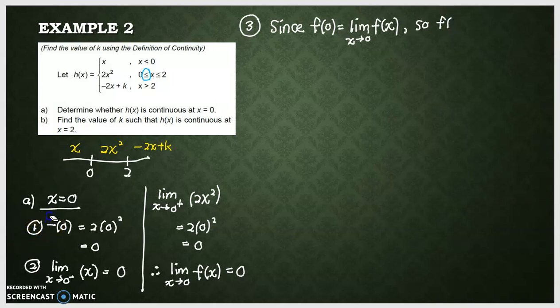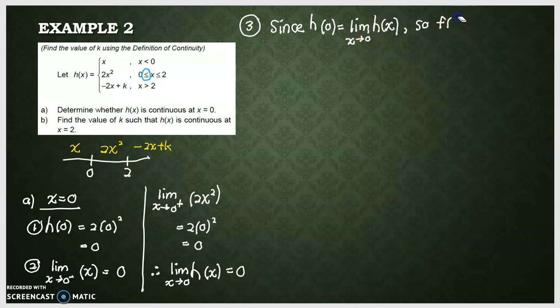Sorry, here is h(x), because the function is h. So h(0) is equal to the limit of h(x) as x approaches 0.